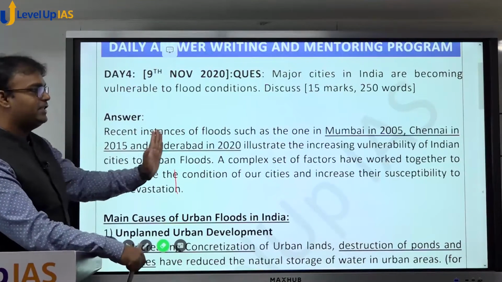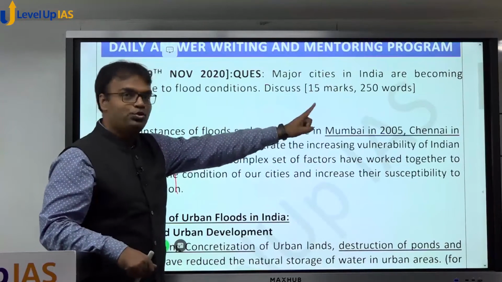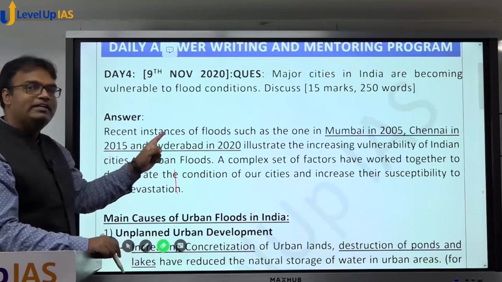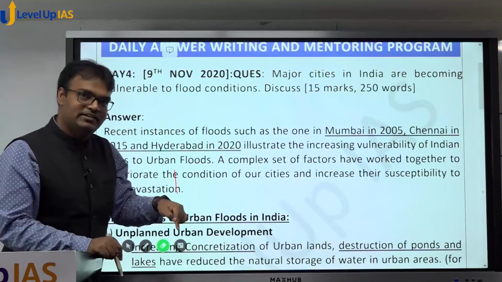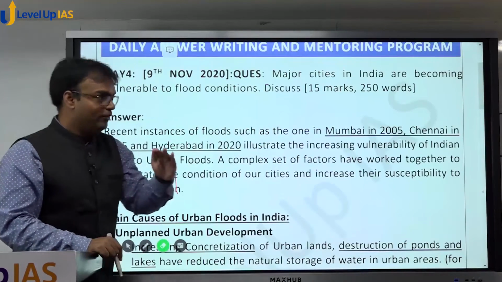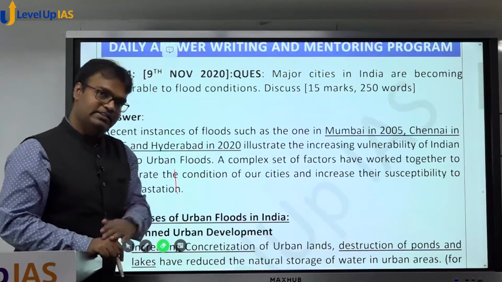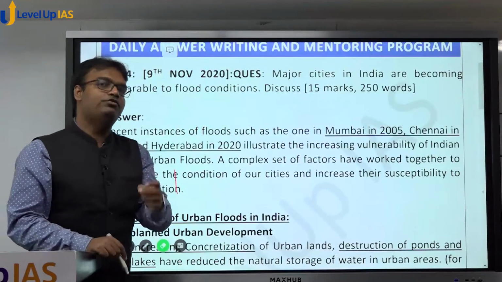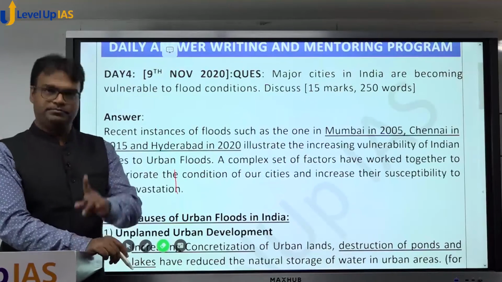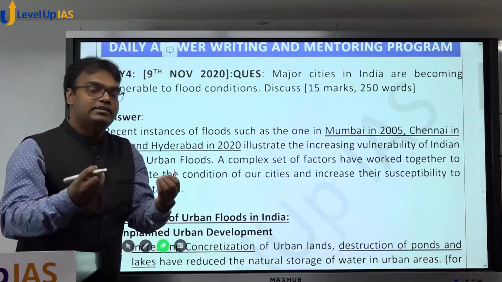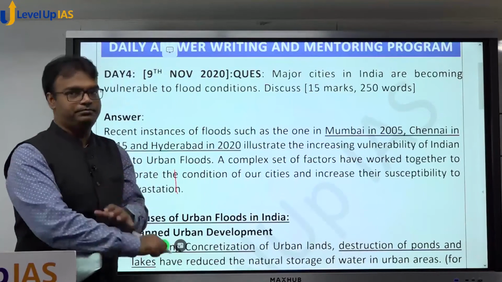So recent instances of floods such as the one in Mumbai 15 years back, in Chennai 5 years back, and in Hyderabad this year. We have given examples from different time periods and different regions in the country to illustrate the increasing vulnerability of Indian cities to floods. First thing, you have shown that yes, Indian cities are becoming vulnerable.